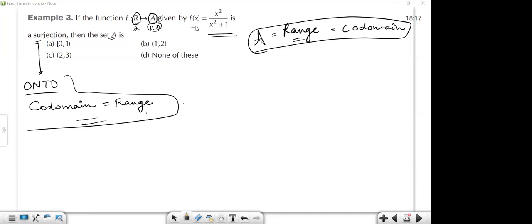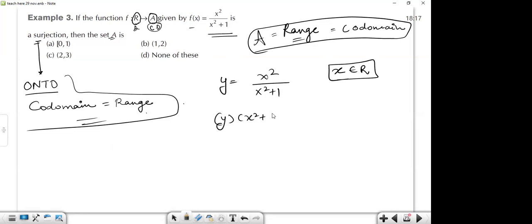So for finding its range, considering f of x is equal to y, x square upon x square plus 1. We know that x is all real numbers. So let's solve further and see where it takes us. Y into x square plus 1 is equal to x square.